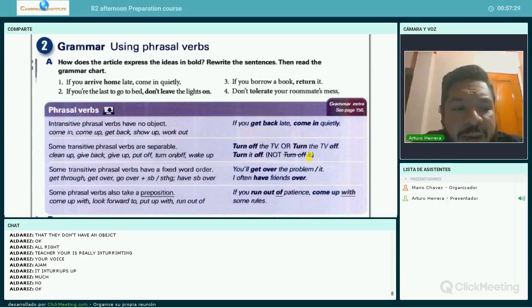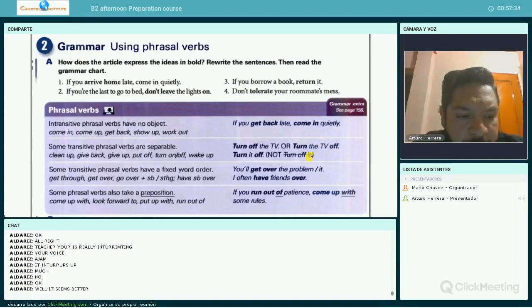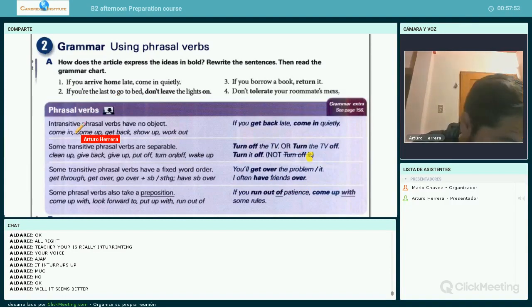Does it still sound bad? It seems better. Well, I hope it got better because I turned all my devices off. It's just the computer and I. No cell phone, no Wi-Fi, no printer, nothing else.